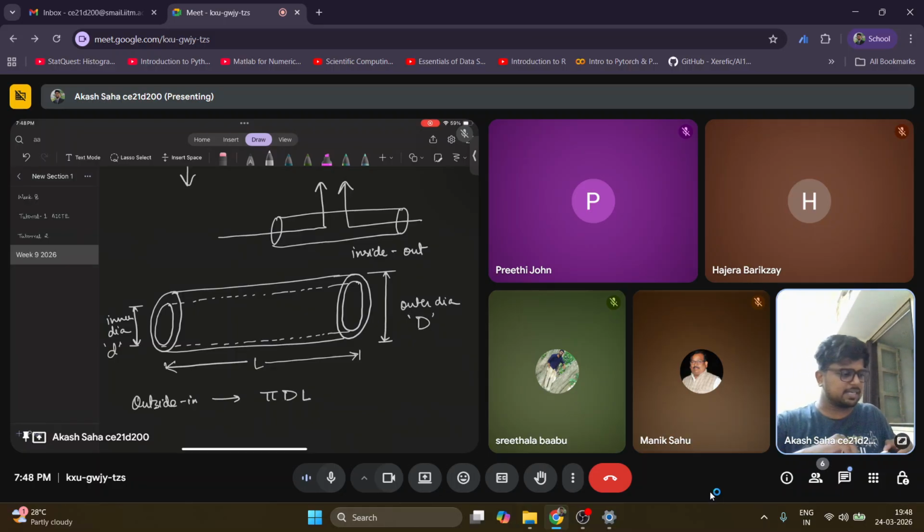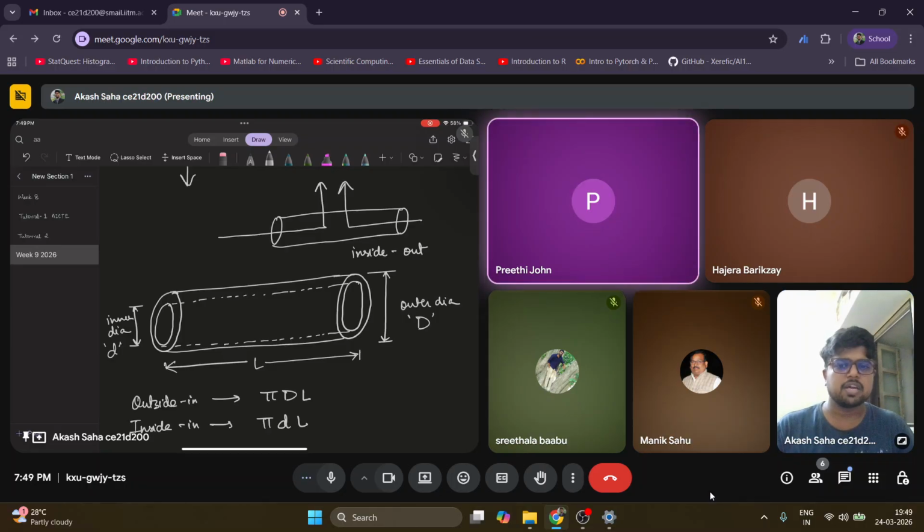But if it is an inside out configuration, then my surface area will be pi small d L, because now it will have a lesser diameter. It is flowing from the inside to outside, so inner diameter. Is this clear to all of you? Are you able to understand? Yes, sir.